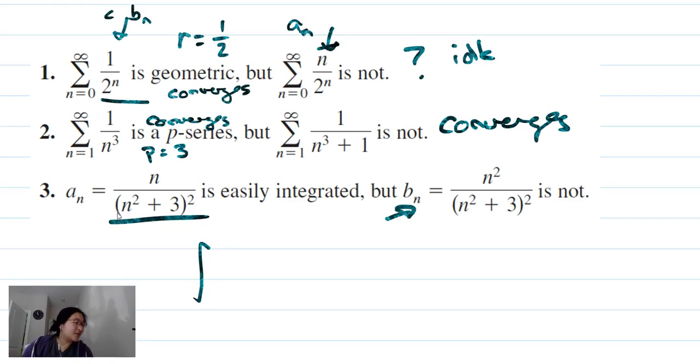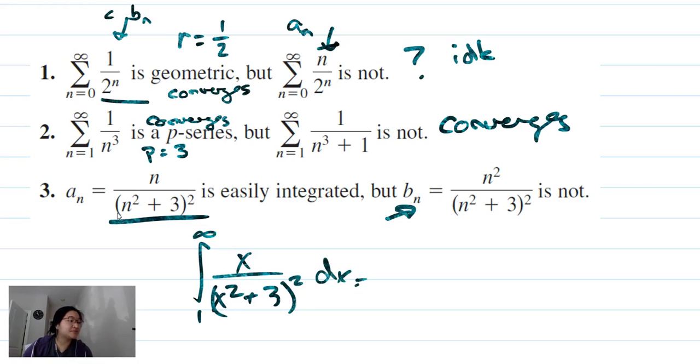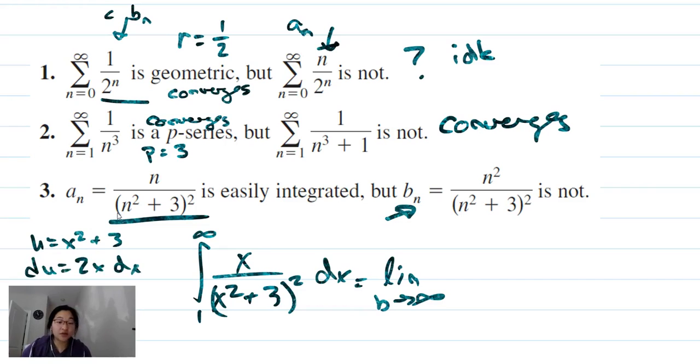I think so. So we have the integral from 1 to infinity of x over (x squared plus 3) squared dx. And that's going to give us the limit as b approaches infinity of, and over on the side, u is going to be x squared plus 3, so then du is going to be 2x dx. And so we have the limit as b approaches infinity of the integral from 1 to b of x over (x squared plus 3) quantity squared dx.